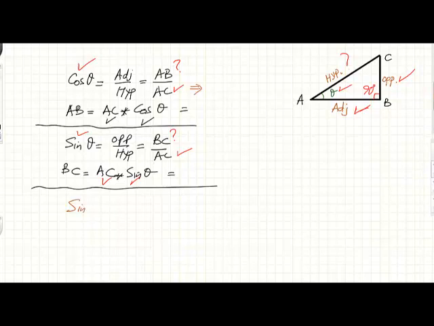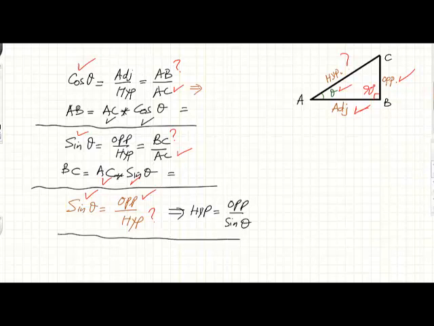Sine theta is equal to the opposite divided by the hypotenuse, and the opposite is known to us, the hypotenuse is not known to us. So we say the hypotenuse is equal to the opposite divided by sine theta. That's how we calculate the value of the hypotenuse.